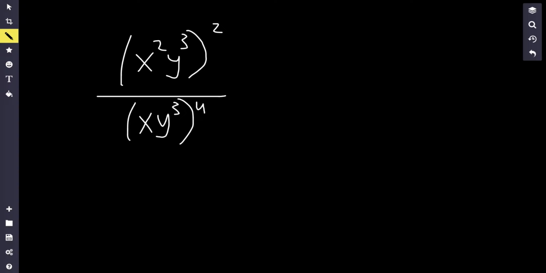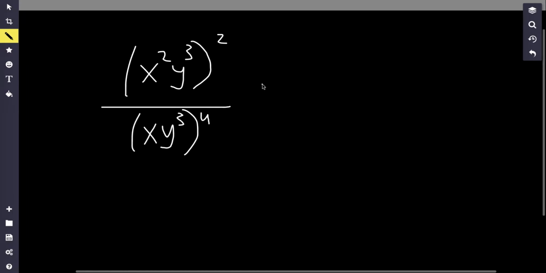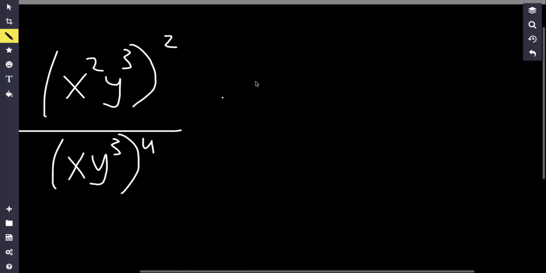Now let's see if we can simplify this expression. So what do we do here? Well, the first thing that might pop out to you is that we have basically two exponents. We have powers raised to another power.